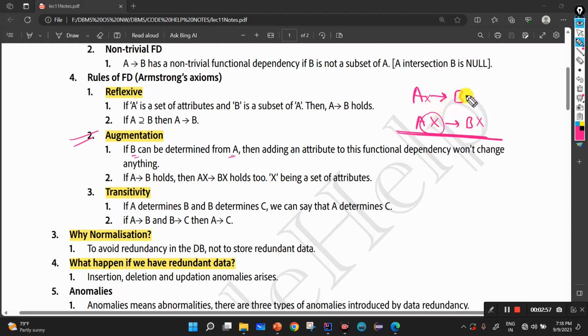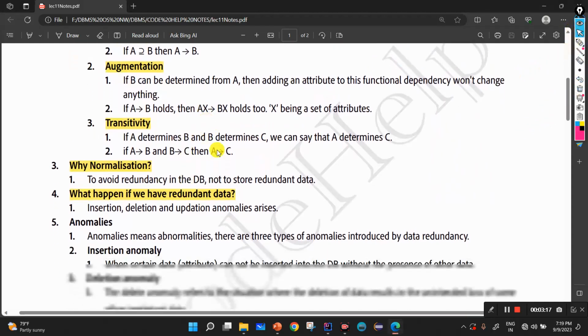So this is our augmentation, the second rule. Now transitivity: if A gives B and B gives C, then A can also give C. So this is our third rule.